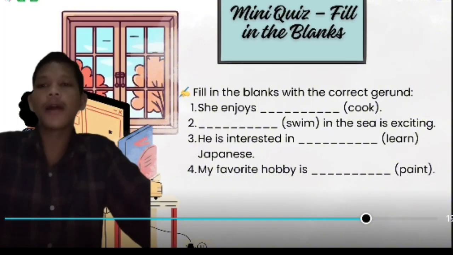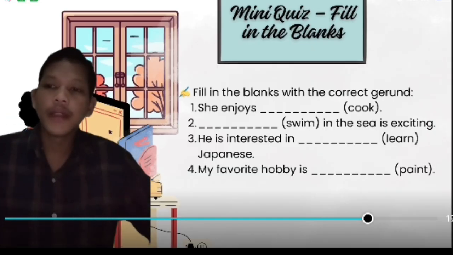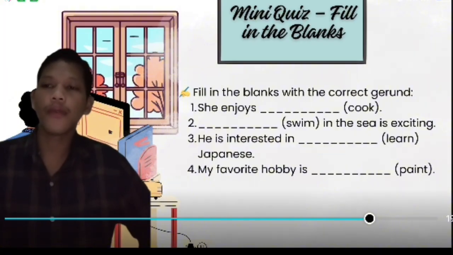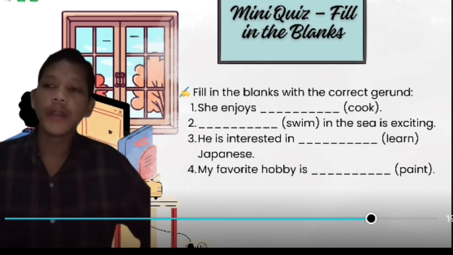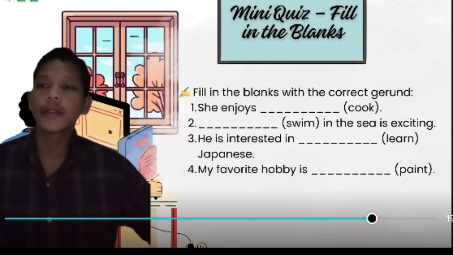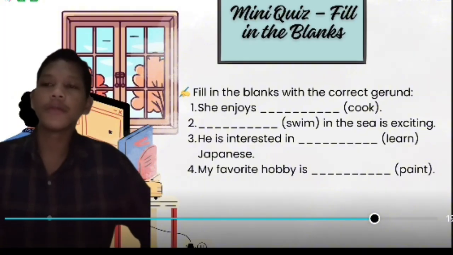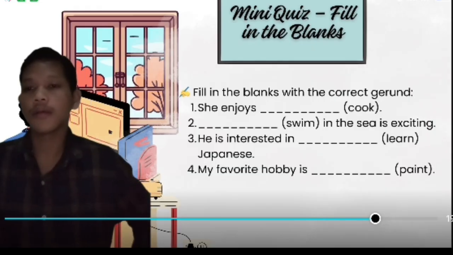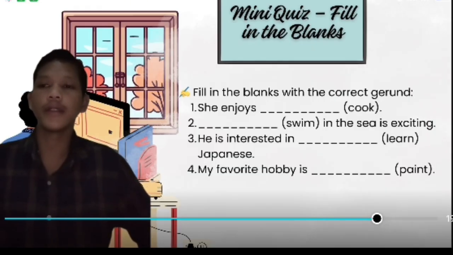Alright, so paint here must be added by ing for changing the verb paint to be a gerund, because in the sentence the gerund here is function as a noun and the subject complement, right? So paint verb must be added ing, like my hobby is painting.